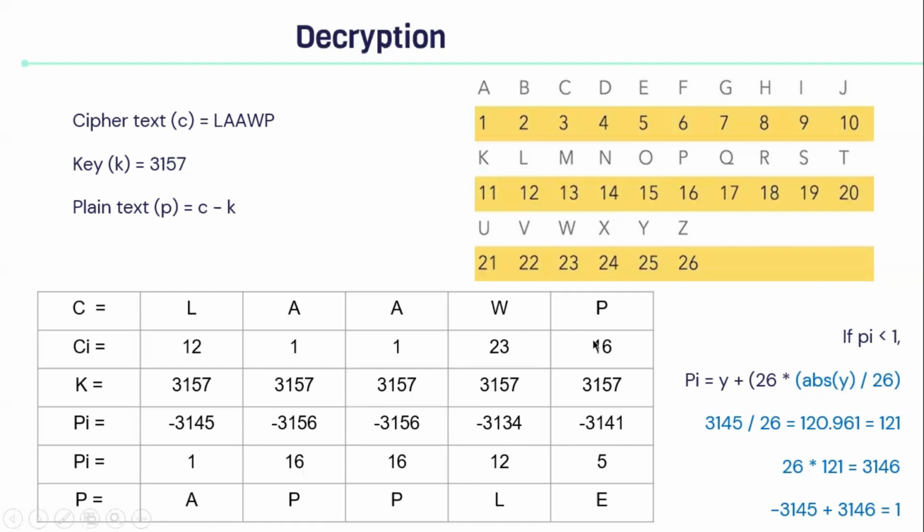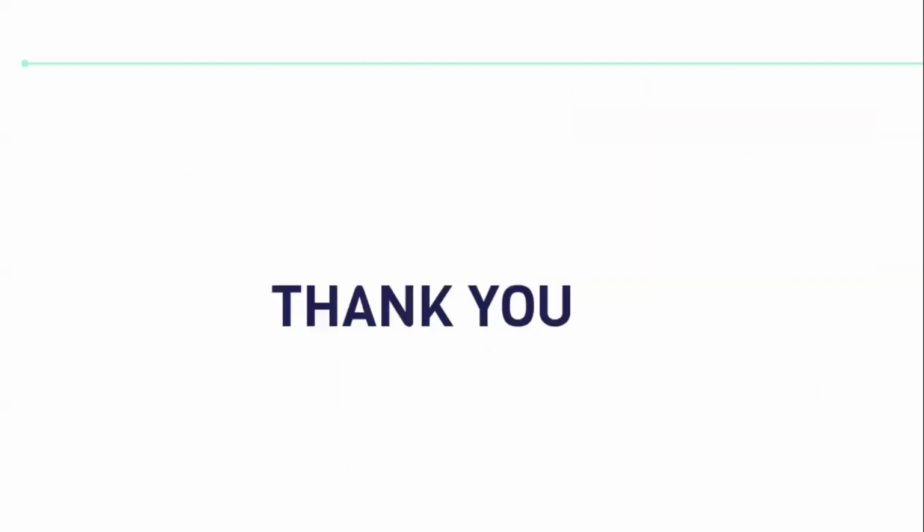This is how we use the decryption if the value is less than 1. So we have implemented this Caesar Cipher algorithm in Python, which we are going to discuss now.